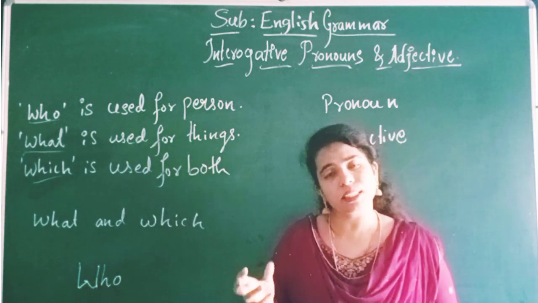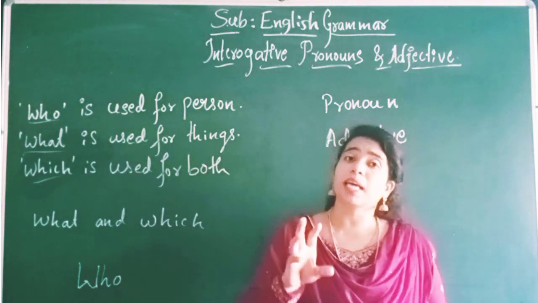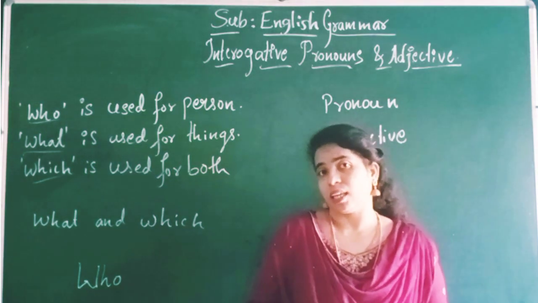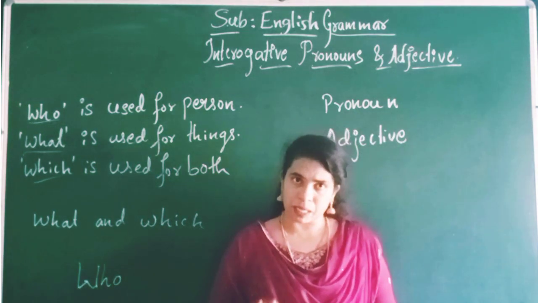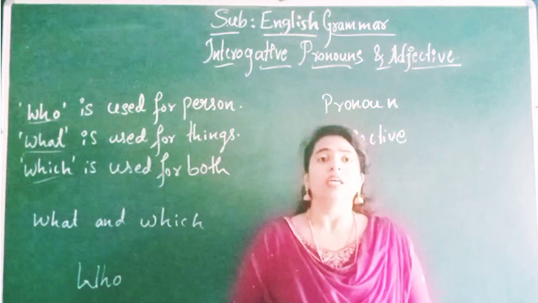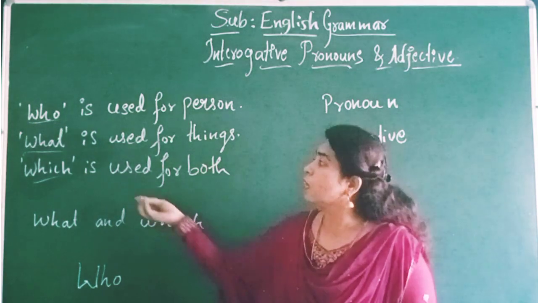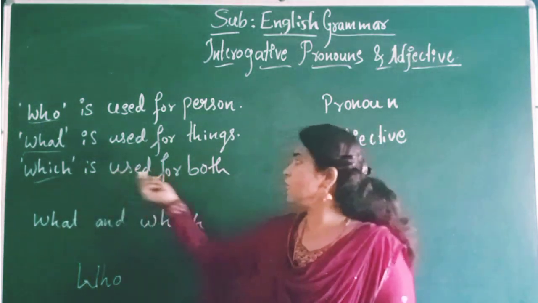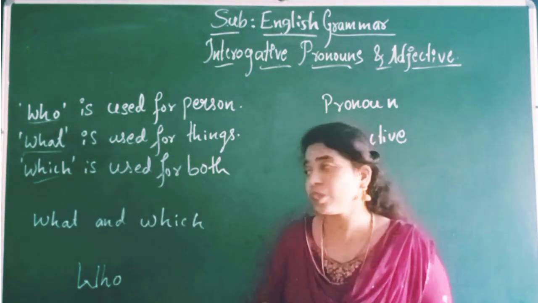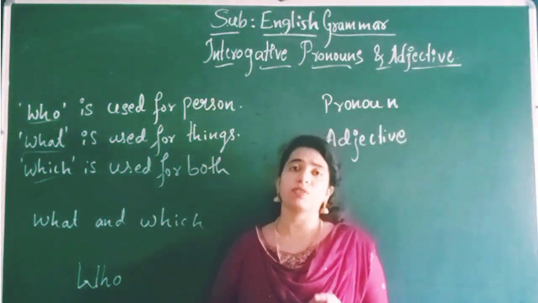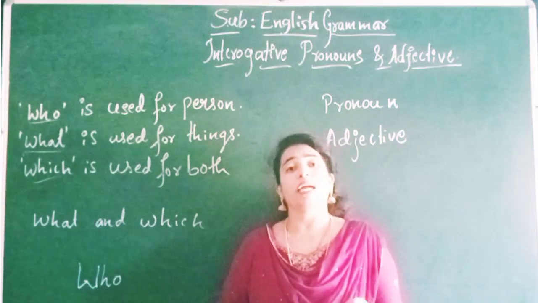In some cases, sometimes it is used for persons but not regularly. With respect to time and situation, the usage of what changes. Coming to which, it is used for both person and things.